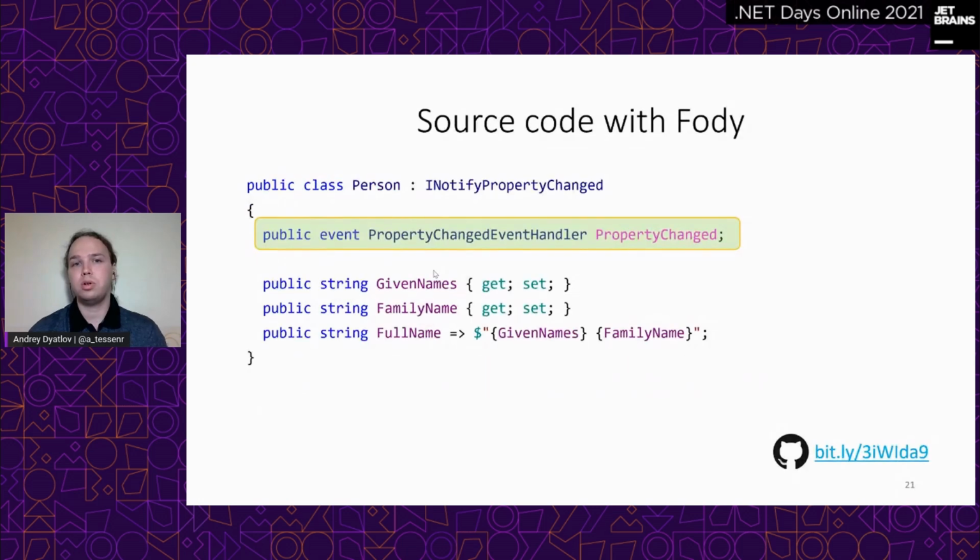For example, in order to alter some bytecode, you first need to compile it, and for that, you have to declare the PropertyChanged event, because without it, the project won't compile, you don't have any bytecode. So with IL weaving, it might be hard to declare something that is required for compilation. For example, some members that you need to implement from interfaces.